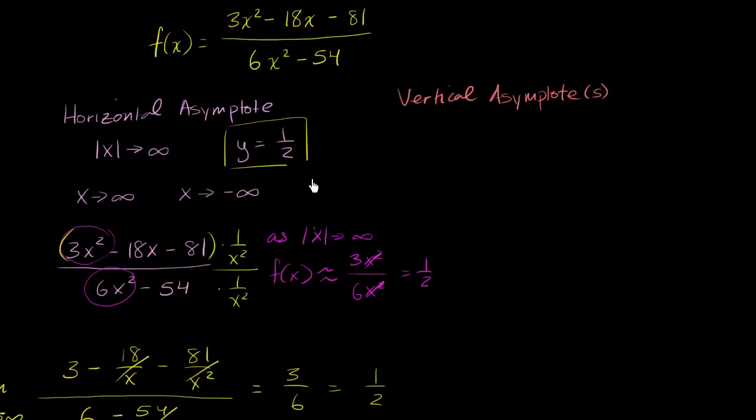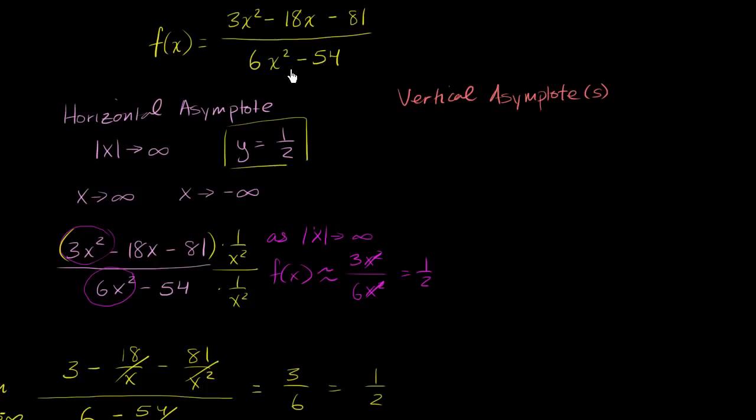Now it might be very tempting to say, okay, you hit a vertical asymptote whenever the denominator equals 0, which would make this rational expression undefined. And as we'll see for this case, that is not exactly right. Just making the denominator equal to 0 by itself will not make a vertical asymptote. It will definitely be a place where the function is undefined, but by itself it does not make a vertical asymptote. So let's just think about this denominator right over here.